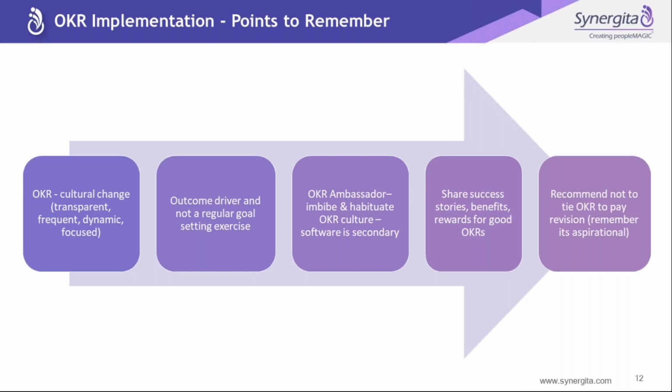The major attributes of OKR, as we know, are transparency, frequency, and focus. When we say transparency, it's all about the lowermost employee in the corporate ladder getting to see all employees' OKR sheets across the organization. As the most junior employee, I will be able to view my CEO's OKR sheet and what he has achieved so far.